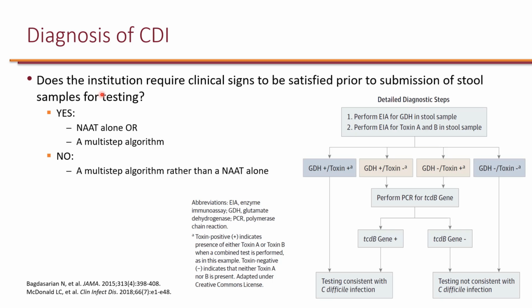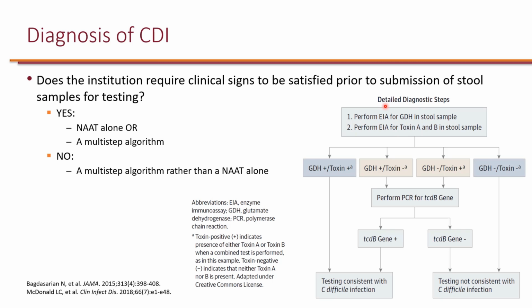Now, in institutions where there is no agreement between the lab and clinicians to only test the sample from those with clinical signs, then a nucleic acid amplification test alone is not recommended. A multi-step algorithm is recommended.